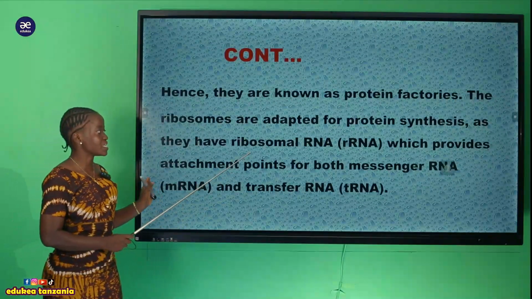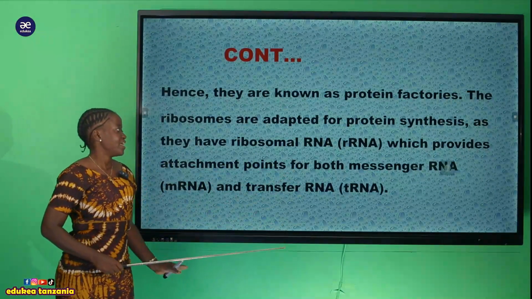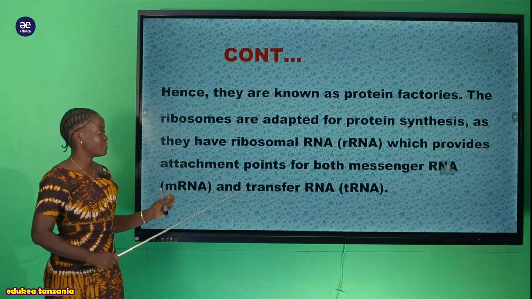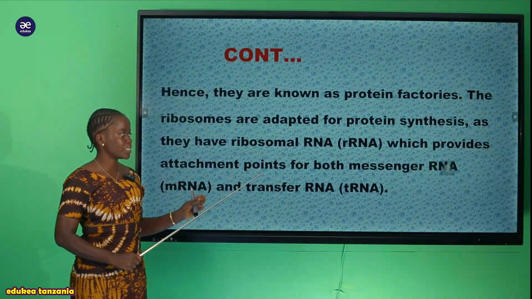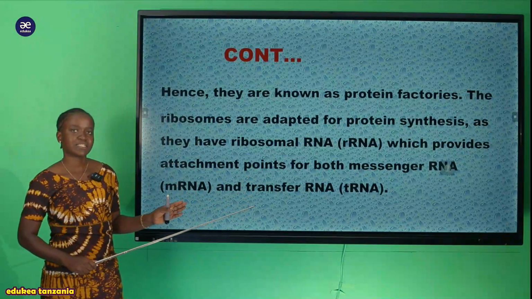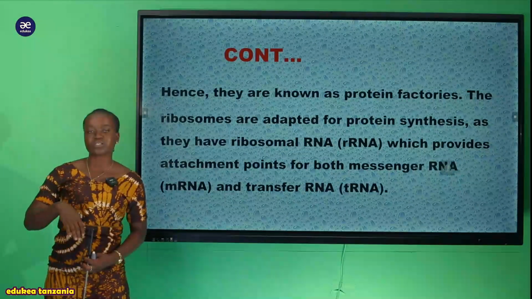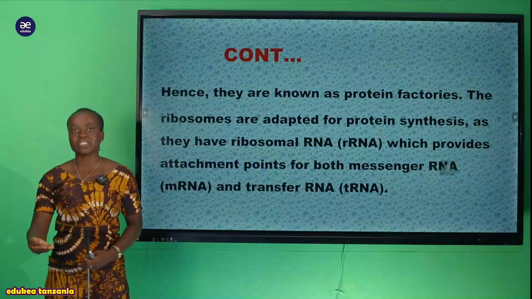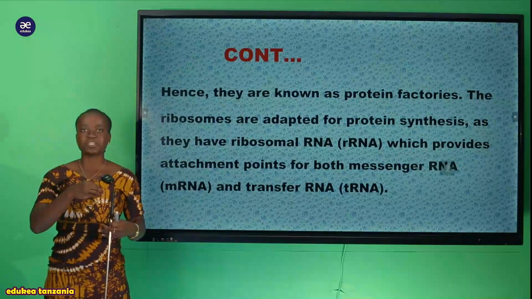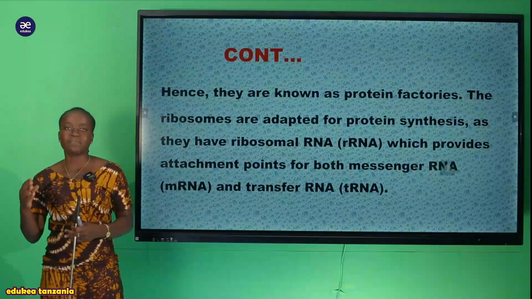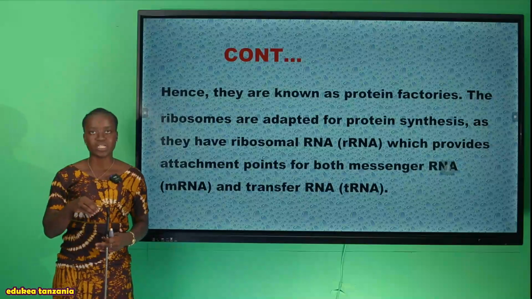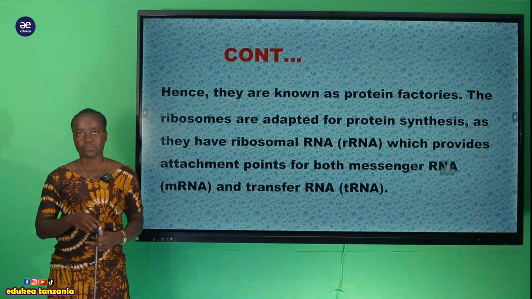Due to the presence of this ribosomal RNA, which provides an attachment point for both the messenger RNA and the transfer RNA, which then translate which kind of protein is to be formed within an animal or plant cell or any kind of cell that contains ribosome.